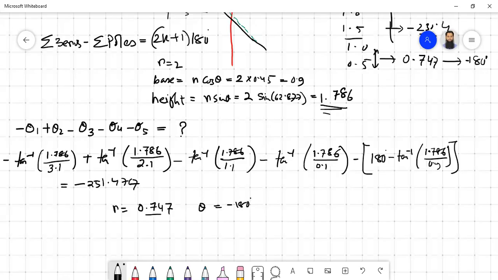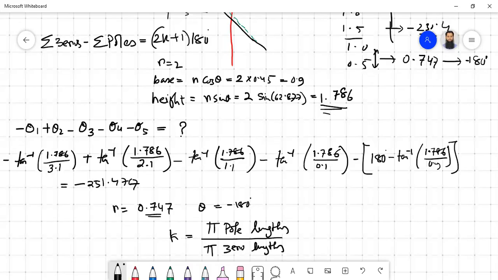So this is on the root locus. And then what you have to do, you have to find out the value of the k or gain for which this is happening. So how can we find it out? The product of the pole lengths divided by the product of the zero lengths.